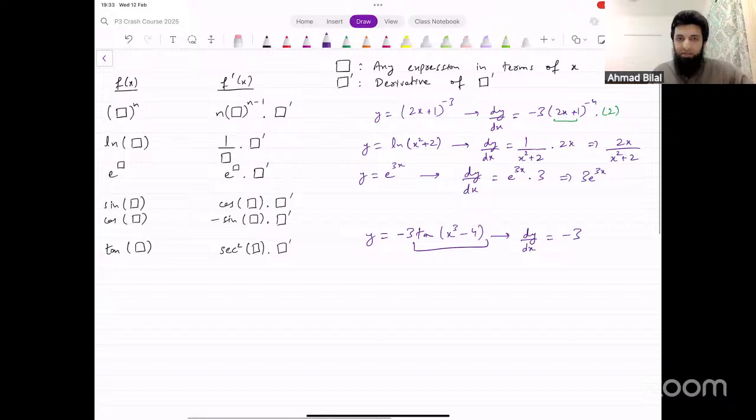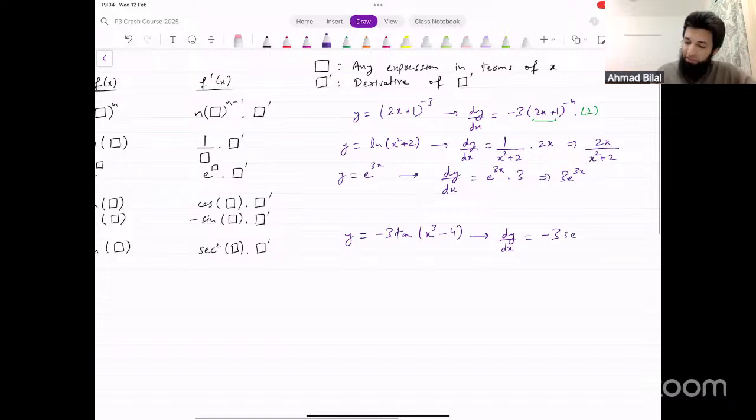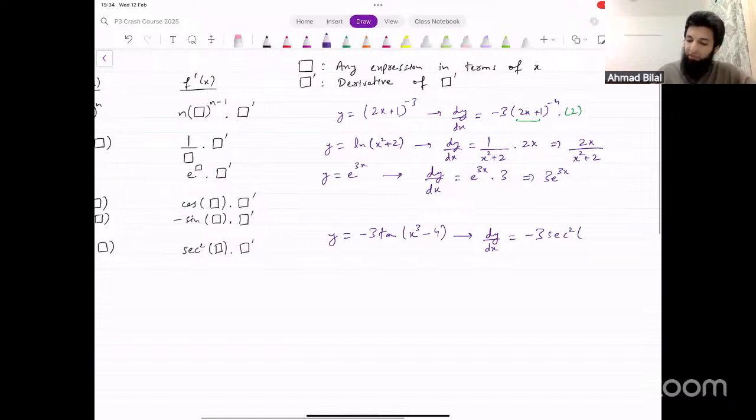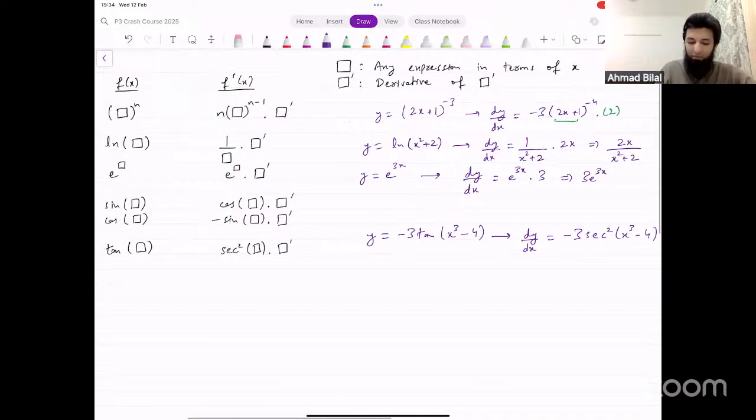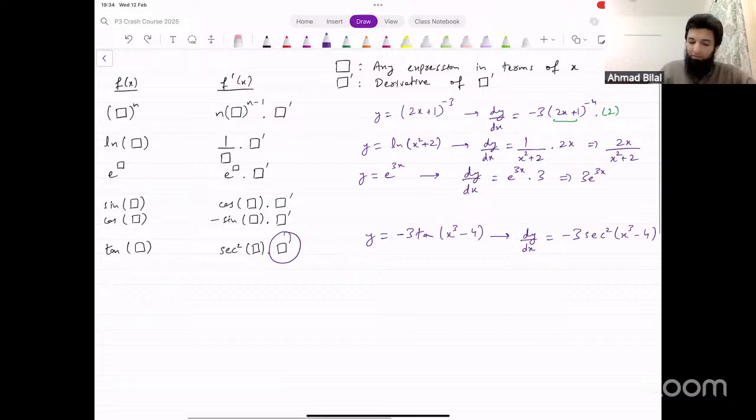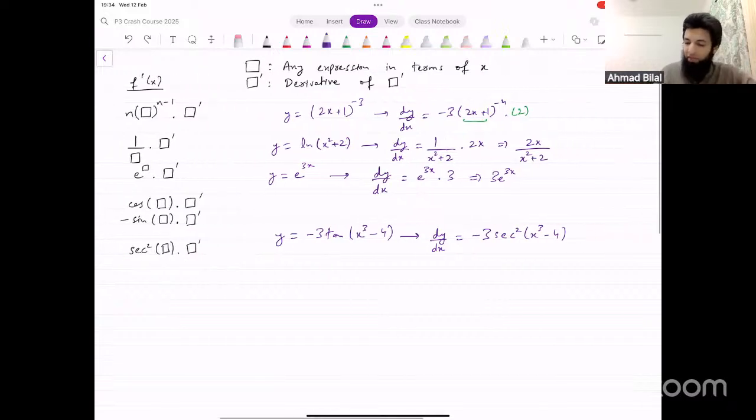Tan of this thing becomes secant square of that thing. So we have secant square of x cubed minus 4. But whatever is coming in place of this box, we also have to multiply by the derivative of that. What's the derivative of x cubed minus 4? That is 3x squared. We have to multiply by that, and that's the result. That's the derivative.